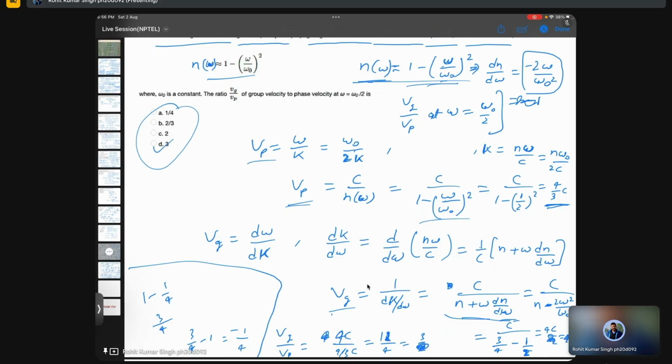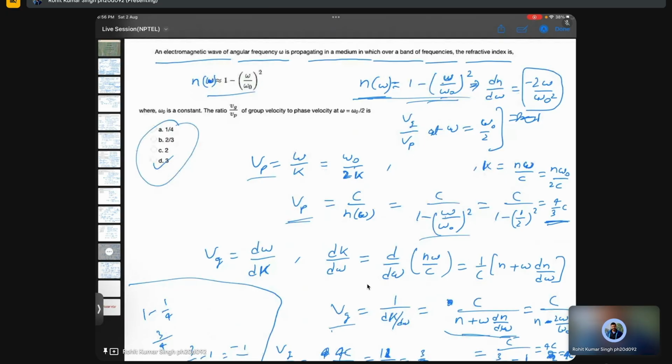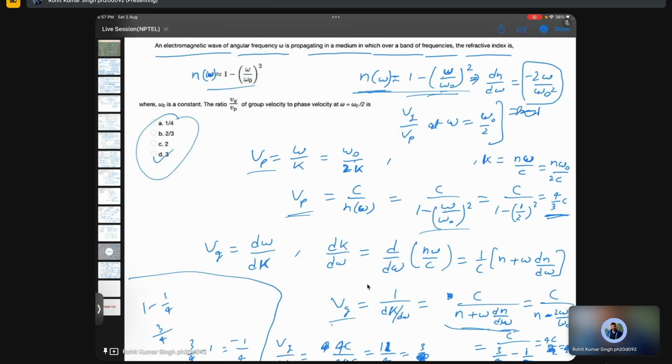This is okay. But something that is puzzling me is that you see the phase velocity is greater than the speed of light. Also, the group velocity is 4 times the speed of light. Is that possible?